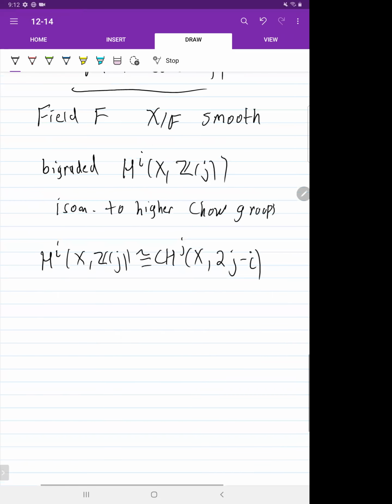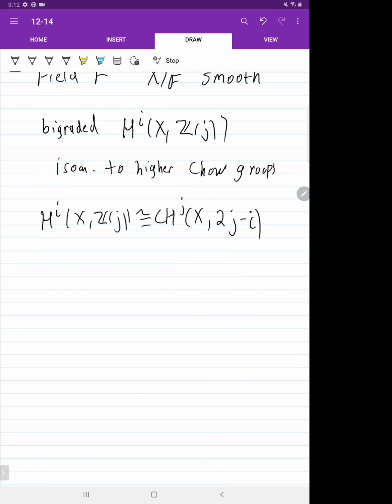Higher Chow groups are just given by the homology of Bloch's complex. I think that's how you spell his name. So that's given by the homology of the following complex.